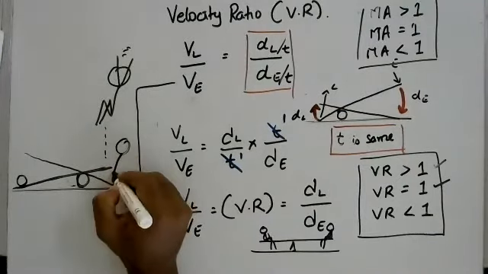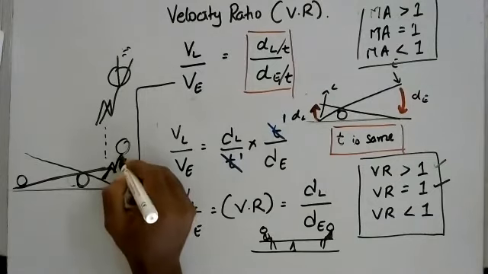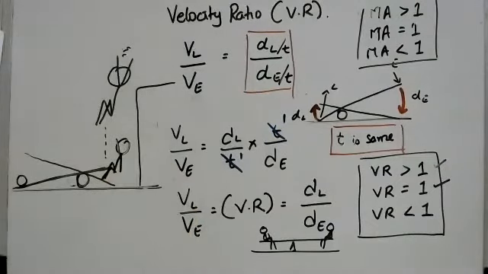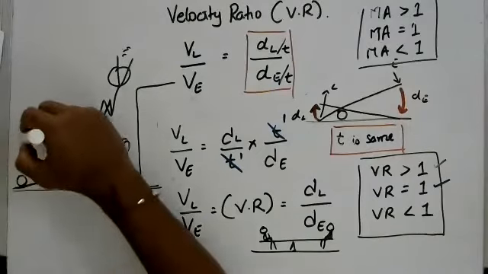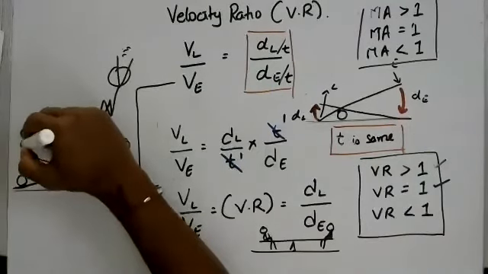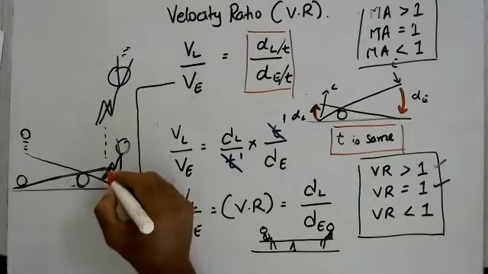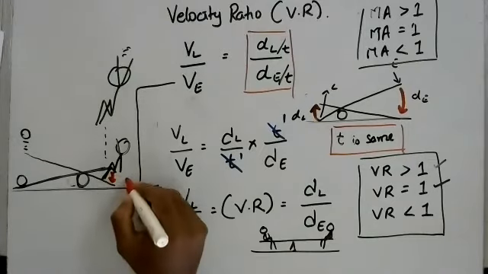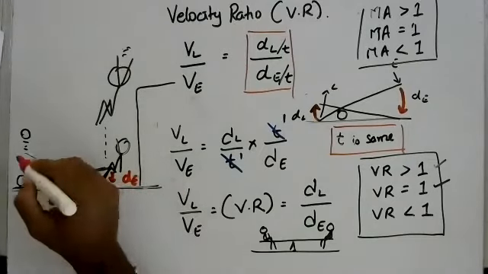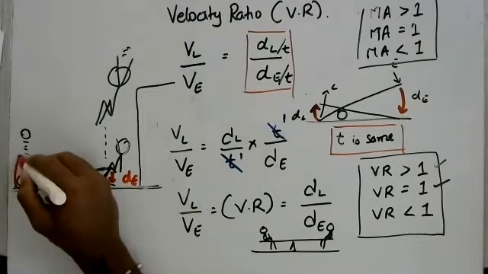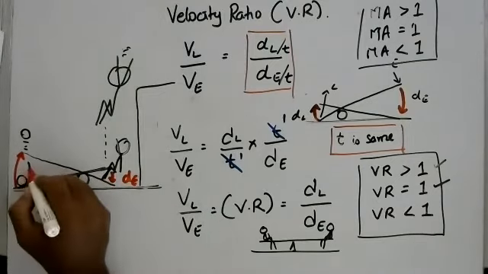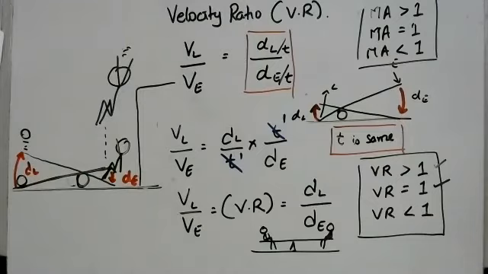So you land like that and the lever goes up, and what will happen to the rock is that it's going to get accelerated in that direction. So in this case, you can see that the distance moved by the effort is lesser than the distance moved by the load.